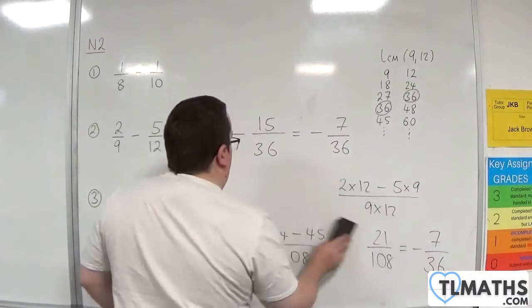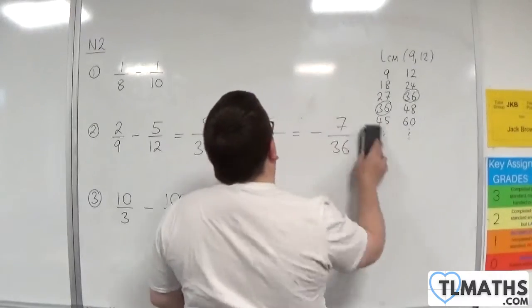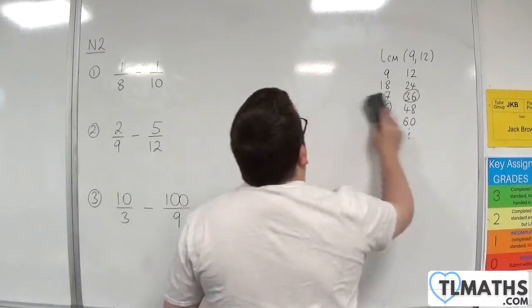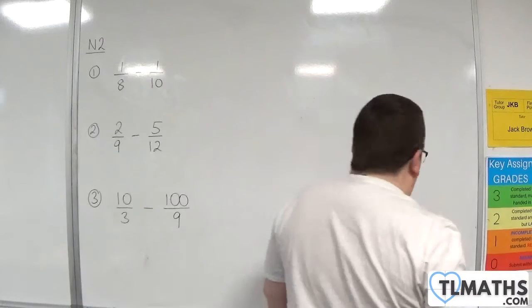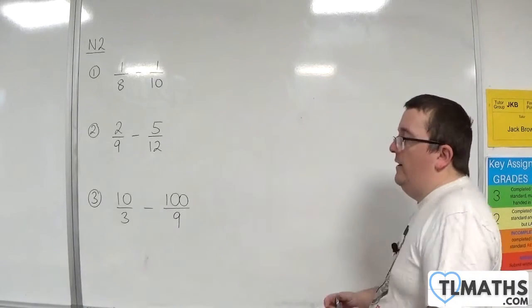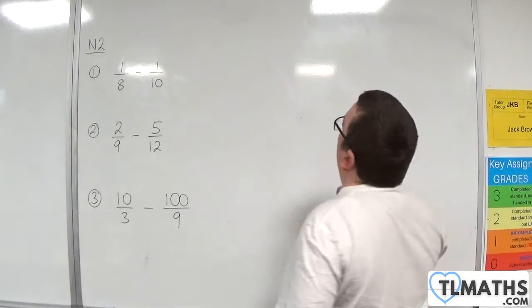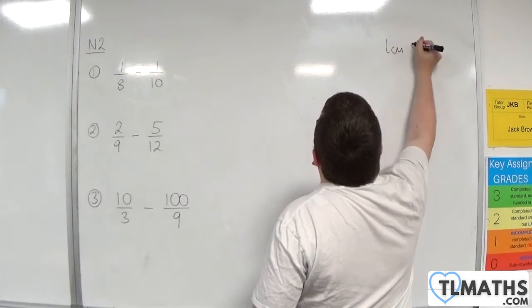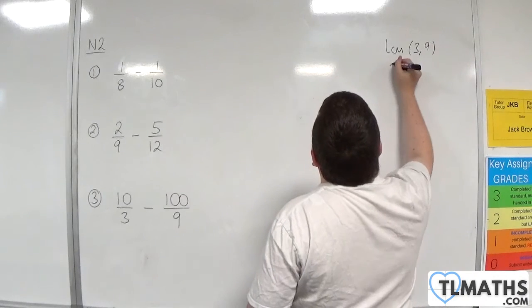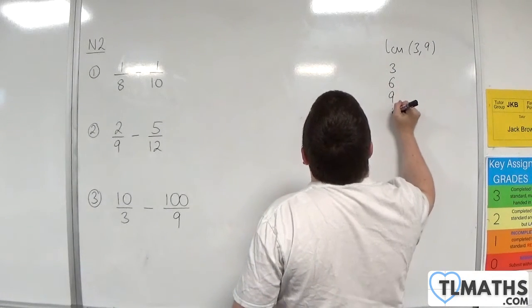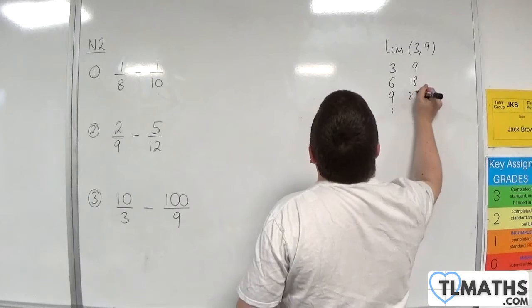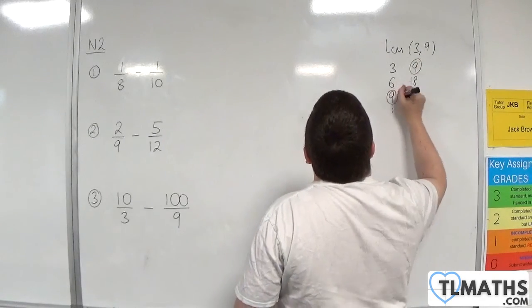Right, let's take a look at our last example. So number 3, we have 10/3 take away 100/9. So the lowest common multiple of 3 and 9, 3, 6, 9, etc., 9, 18, 27, etc., is 9.